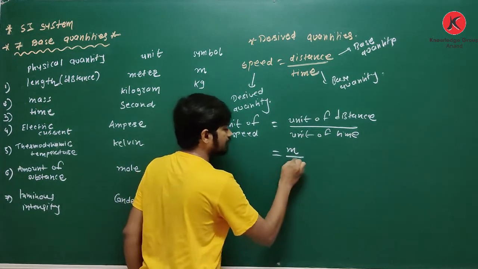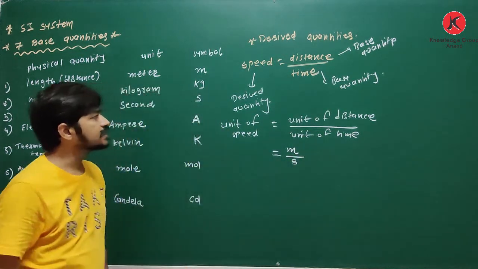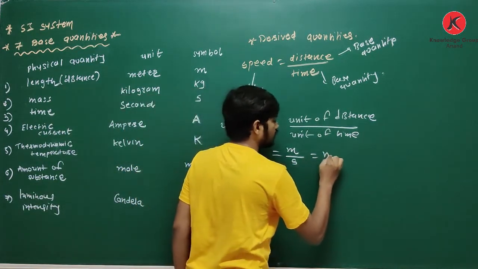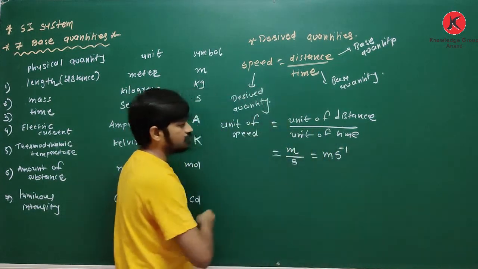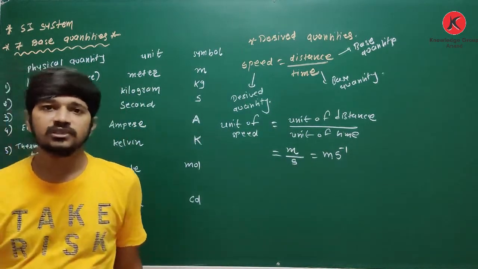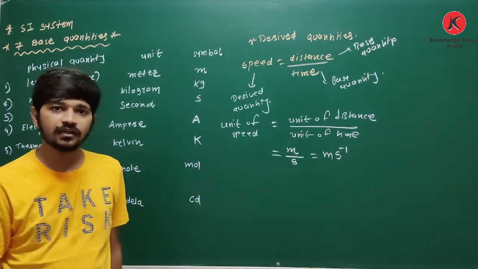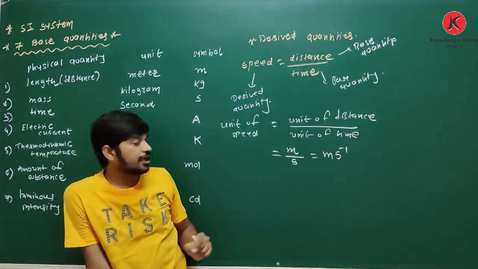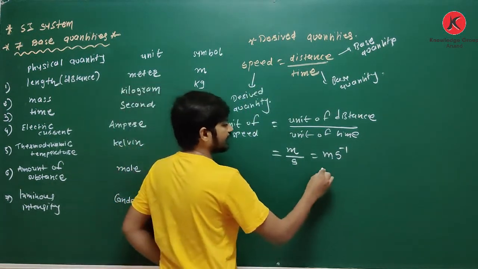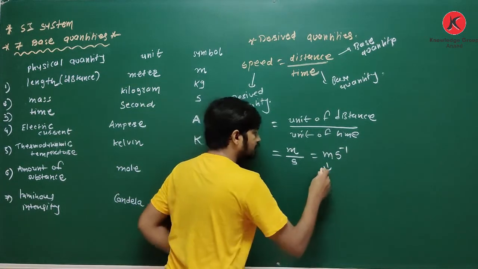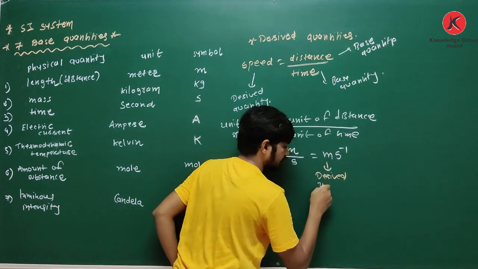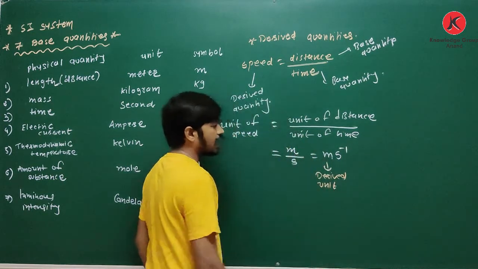What is the unit of time? It is second. So what is the unit of speed? It is meter per second, or you can also write meter second to the minus 1. Clear about this? So speed is a derived quantity, and this meter per second is called a derived unit.